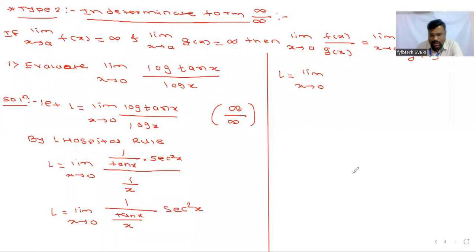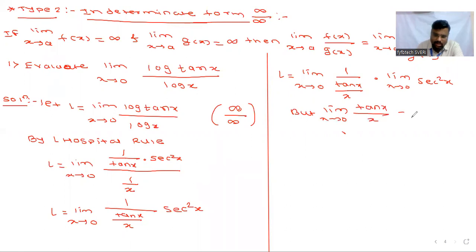Observing that one term, limit x tends to 0, tan x upon x is what? 1. Is it correct? So we got that L is equal to 1 by 1 into sec 0. What is sec 0? 1. We got the answer is 1. Total answer is 1. So L is equal to 1.